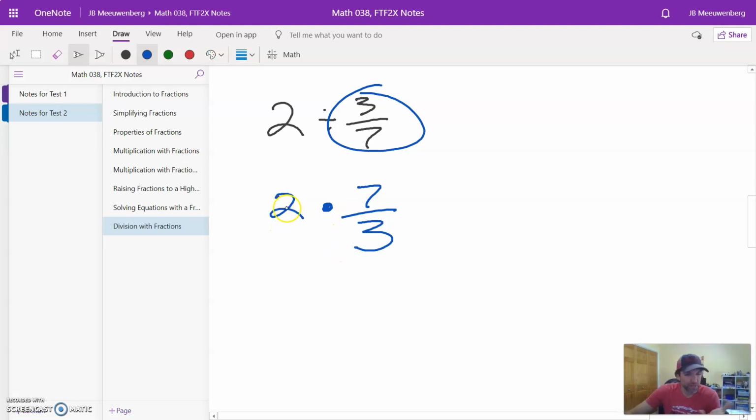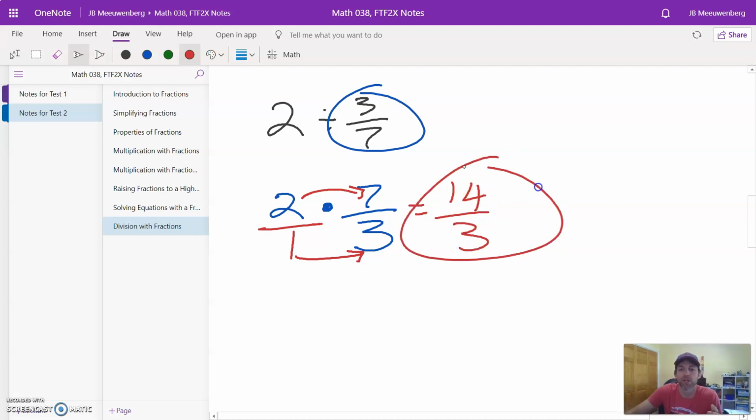Now, when we're doing this multiplication, you might find it useful to put it over 1. If you don't, you just multiply that whole number times the numerator. If you like the 1 down there, so you remember how to multiply, that's fine. 2 times 7 is 14. 1 times 3 is 3. 14/3. 2 divided by 3/7 is 14/3.